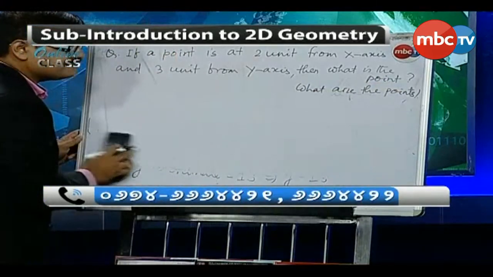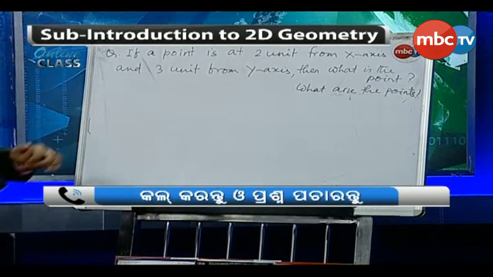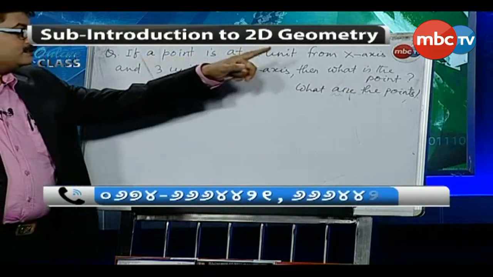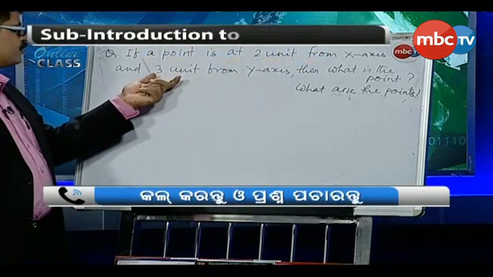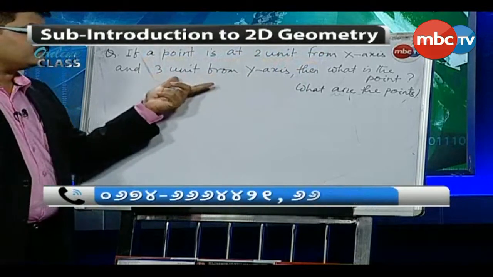Here no coordinate is given, only condition is given that the point is at a distance 2 units from x axis and the point is at a distance 3 units from y axis.